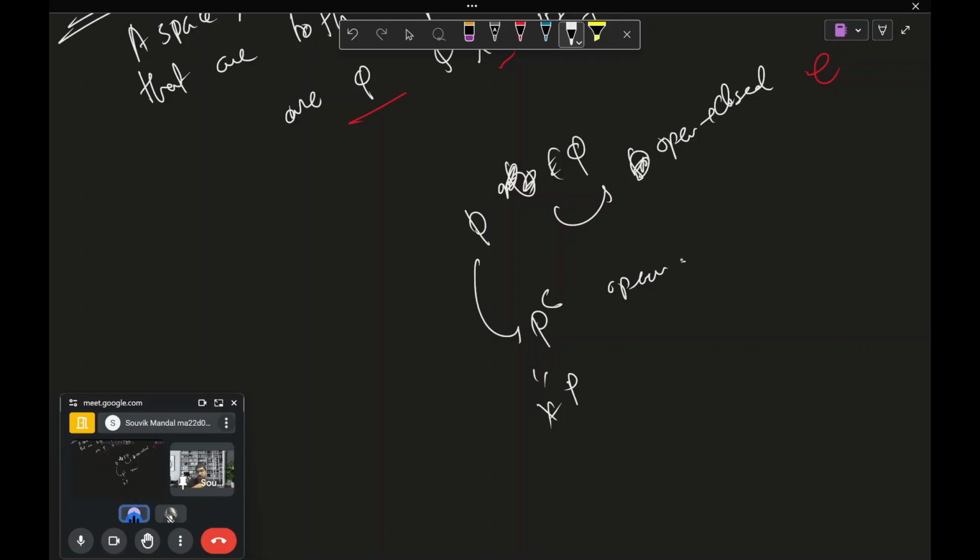But we have assumed that the space is connected. So this leads to a contradiction. Correct, correct. Very good. And what about the reverse direction?